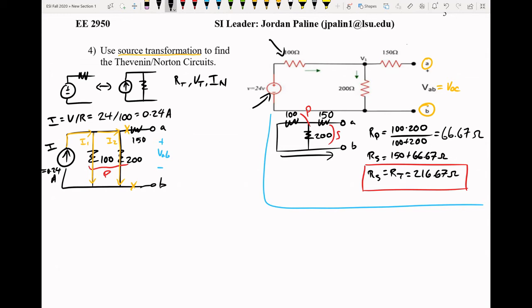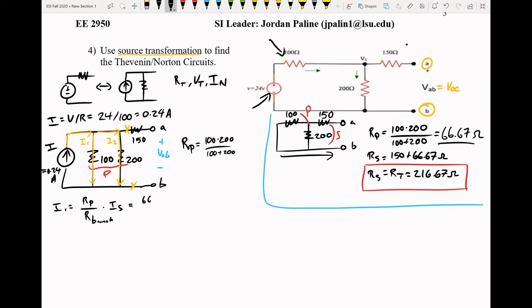So to find I1, we would need R parallel over R branch times the source current that's being broken up. And in our case, R parallel will be 100 times 200 over 100 plus 200, which we determined to be 66.67 over here.